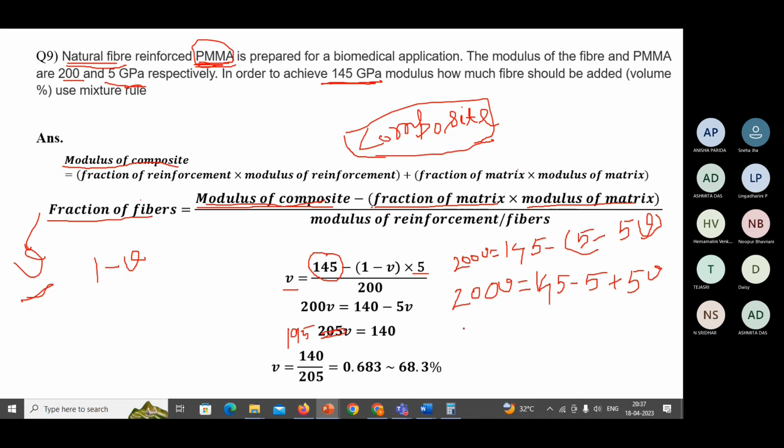So it comes to this side: 200V minus 5V equals 195V, equals 140. So V equals 140 divided by 195.